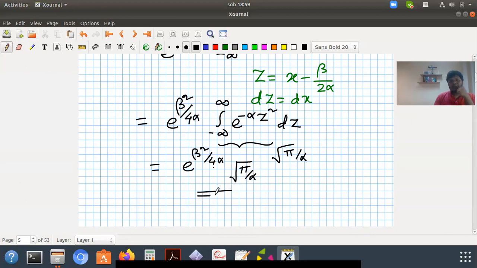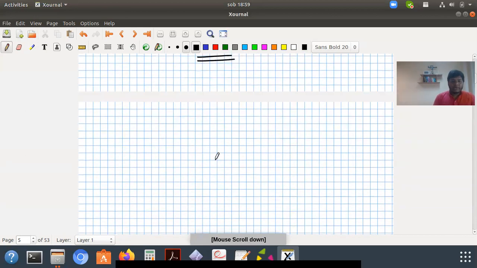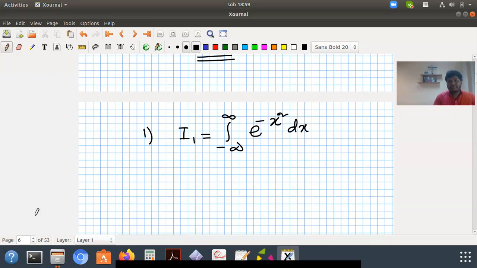So this is also a very important mathematical identity. Let me summarize these two identities. The first identity we proved is the Gaussian integration from minus infinity to plus infinity e to the power minus x square dx, which equals square root of pi. If I multiply any alpha term here, it will be divided by it.